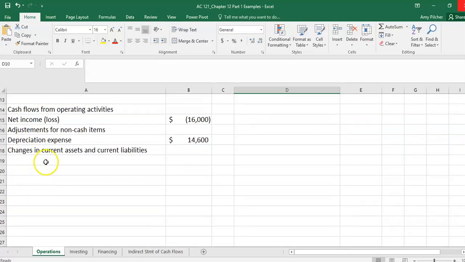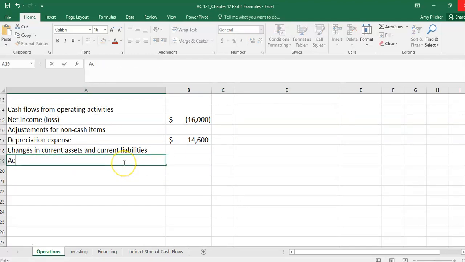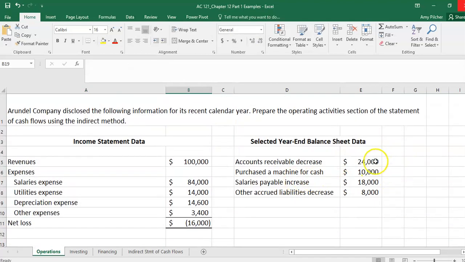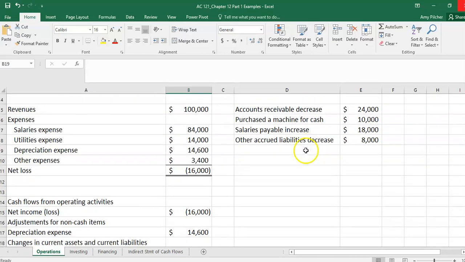So we have accounts receivable, the salaries payable, and other accrued liabilities. So our accounts receivable decrease. A decrease in a current asset means that we received cash for that asset.